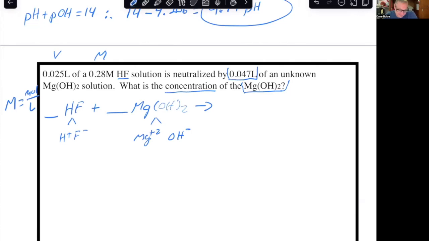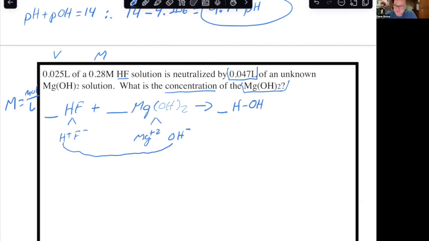So I like to do water first because a strong acid and a strong base neutralization will always form water and a salt. So I'm going to take this H+, and instead of being with the F-, it's going to choose the OH-. And so I'm going to write water in my special way when I'm doing these, as HOH.